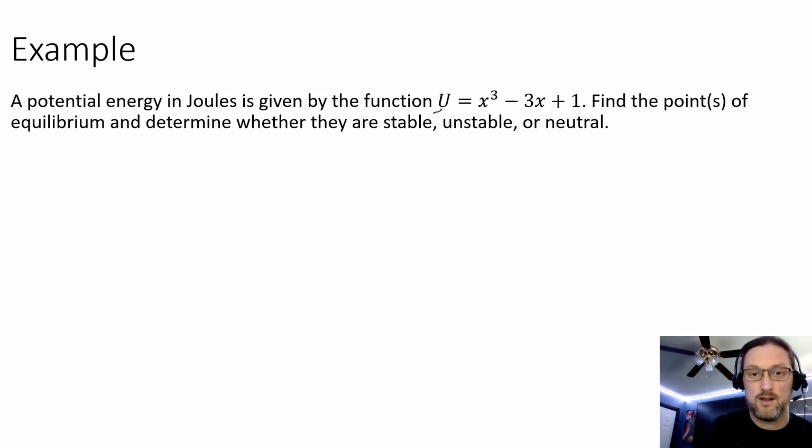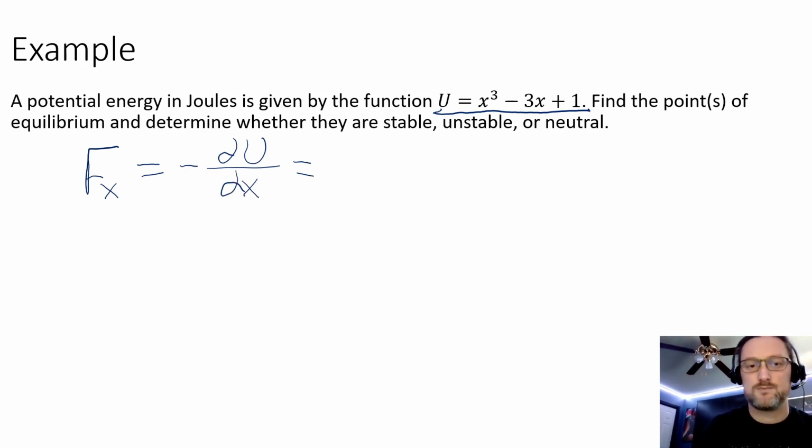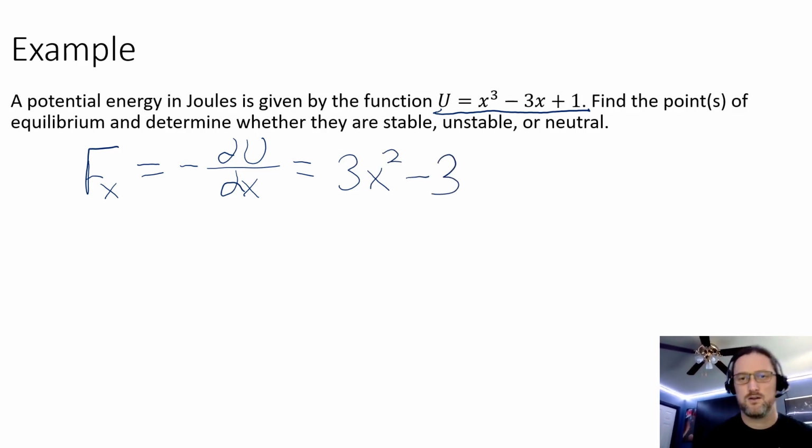So here's a potential energy function right here as a function of x. We'll make this easy on ourselves and just do x, right? So I could find the force in the x direction by taking minus the derivative of that with respect to x. So remember, if I do this, I get, let's see, that would be 3x squared minus 3, and then the derivative of the constant 1 is 0 at the end, right?